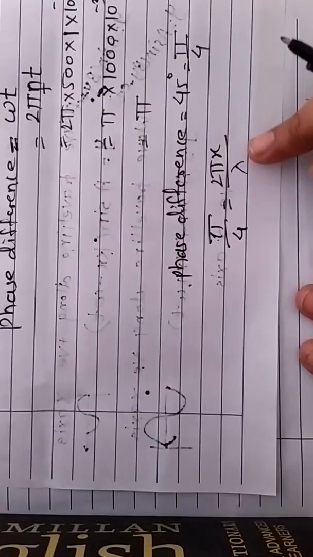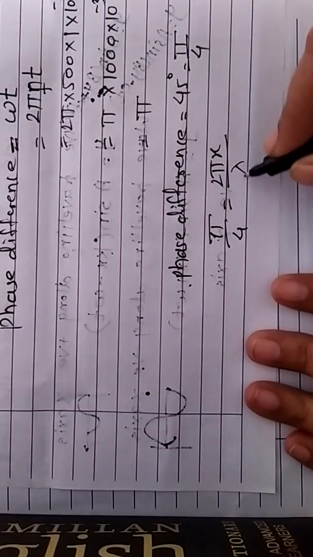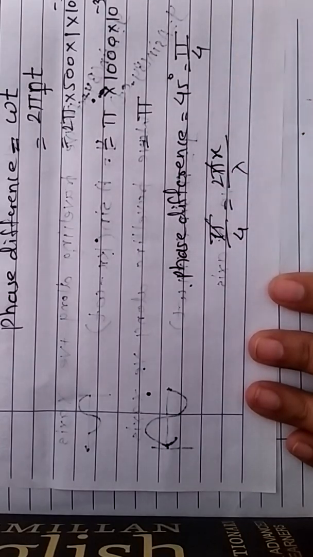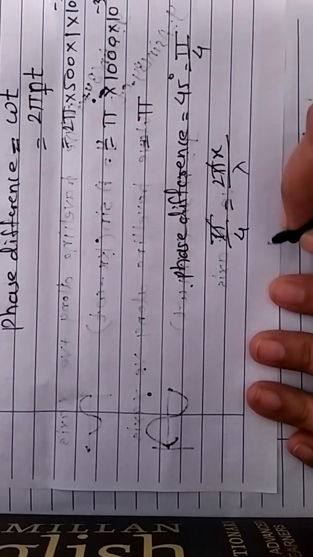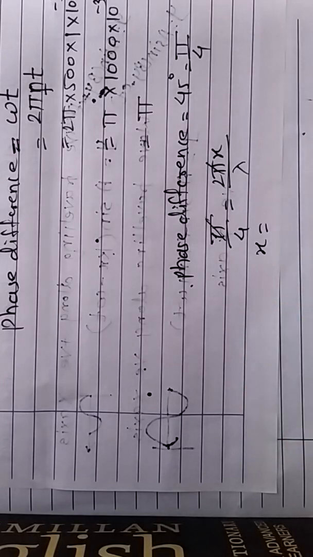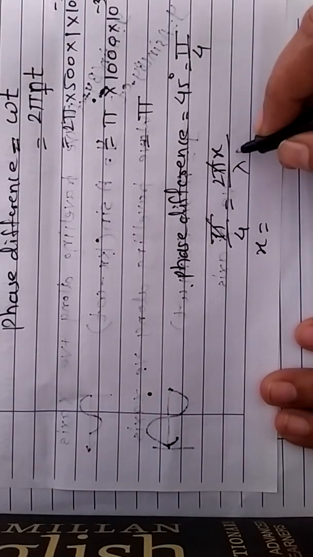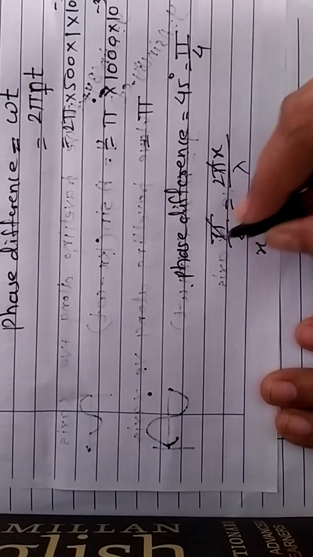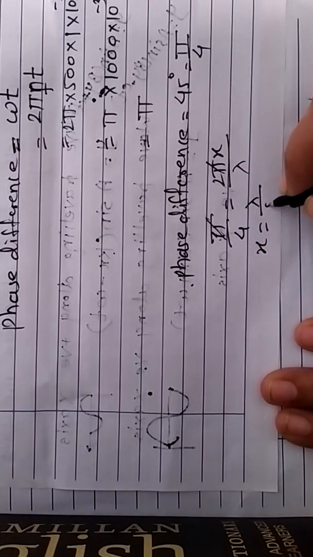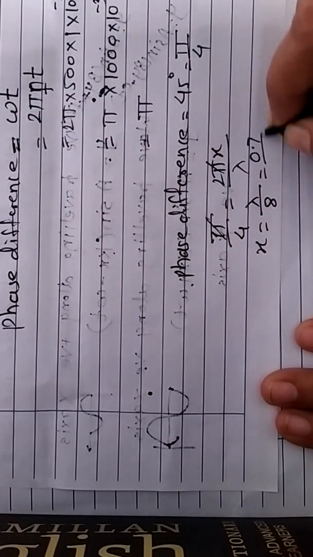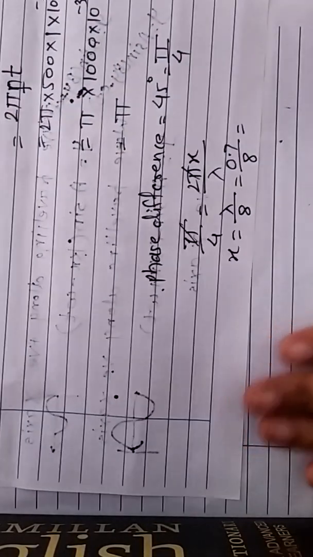Hence 2 pi x upon lambda. Pi by 4 is equal to 2 pi x upon lambda. Pi gets cancelled. Means x is equal to lambda upon 8. Lambda is 0.7 upon 8.